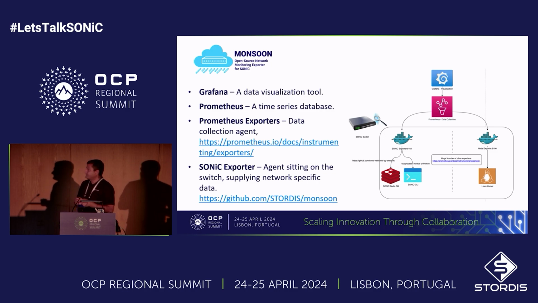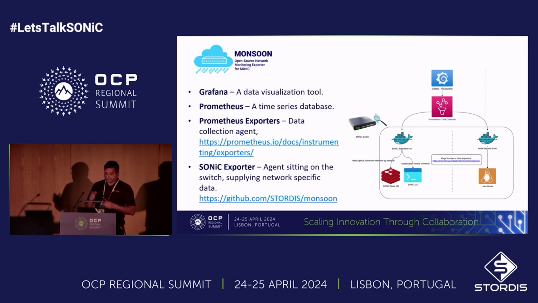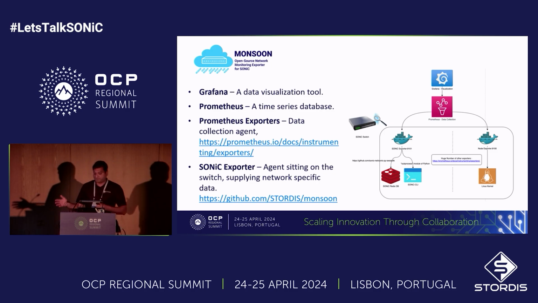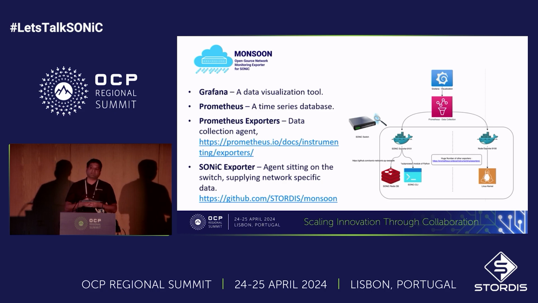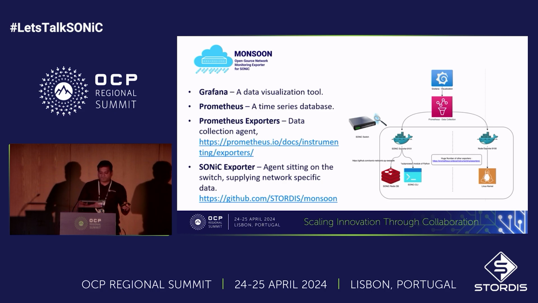For example, if you look at the right side of the diagram, we are mentioning here a node exporter, which is quite a popular exporter already. And it is very useful when it comes to system resource monitoring. But as of today, there doesn't exist anything which helps you monitor the networking aspects, the SONiC metrics especially.